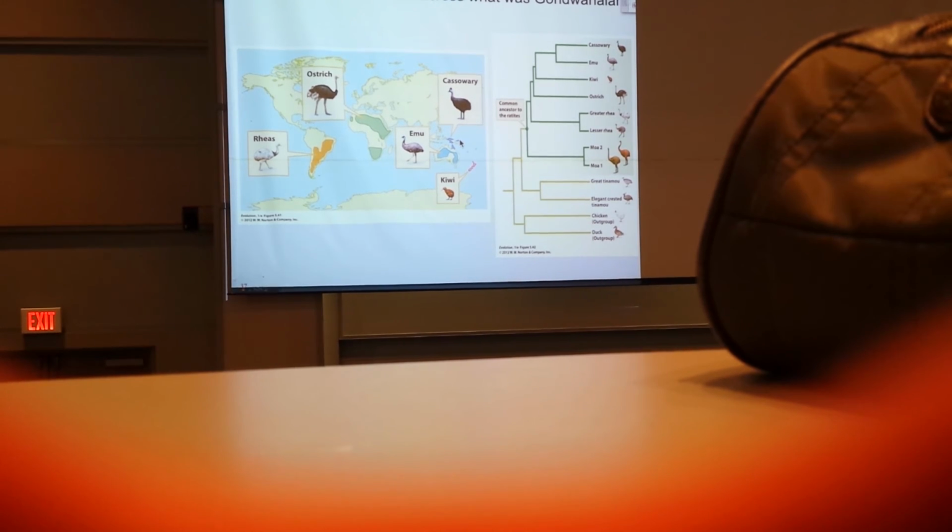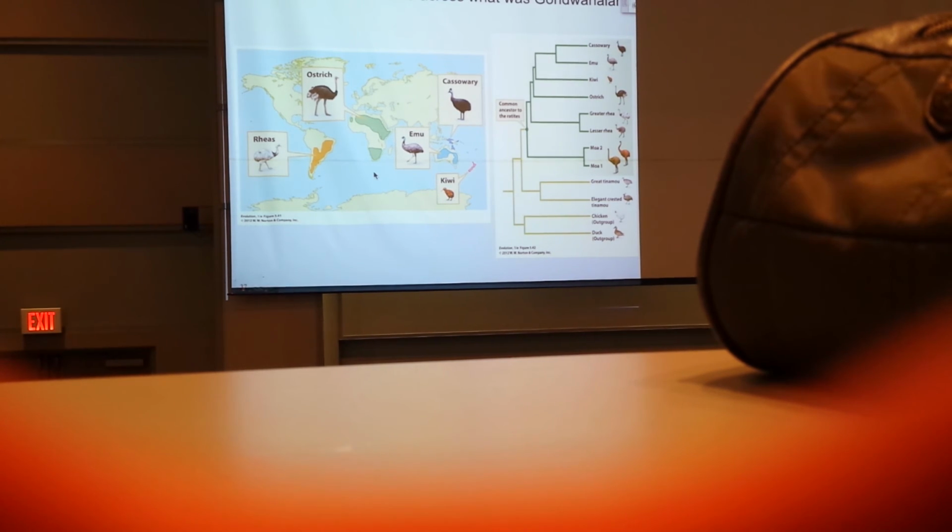You go further back in time, the kiwi and New Zealand split off from that. And a little further back, the ostrich split off, because it was riding along on Africa.